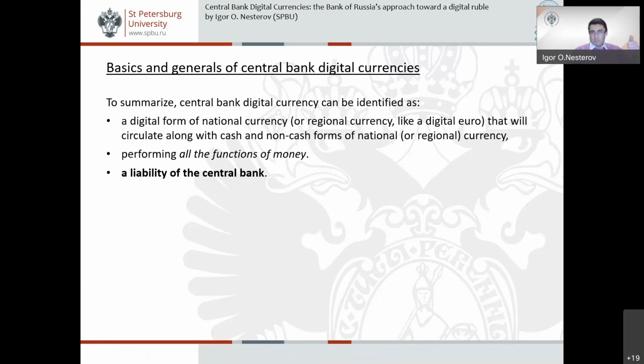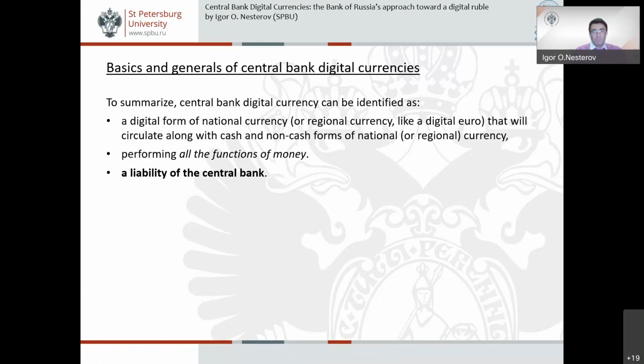And this central bank digital currency will circulate along with cash and non-cash forms of national or regional currency. So this is the third form of national money.